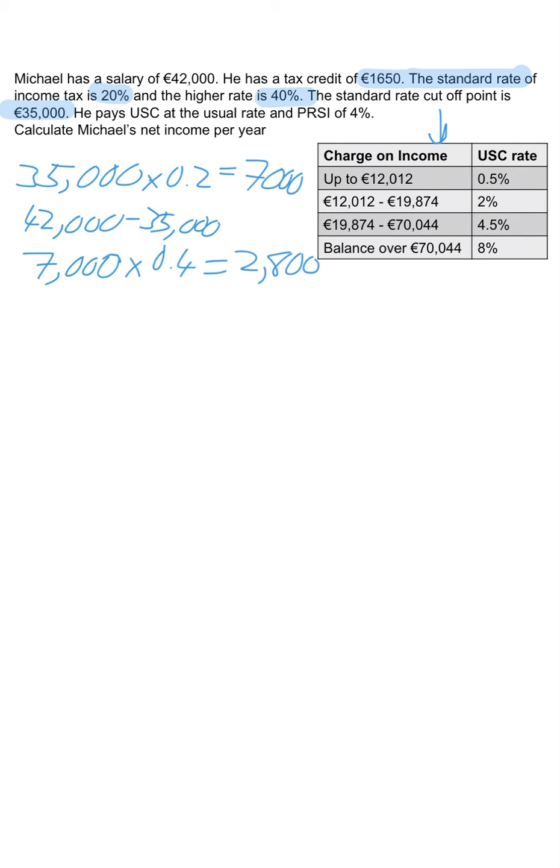So our two amounts now are 7,000 and 2,800. So I'm going to add those. And so his gross tax is 7,000 plus 2,800, and that is 9,800 euro. He has a tax credit though of 1,650.